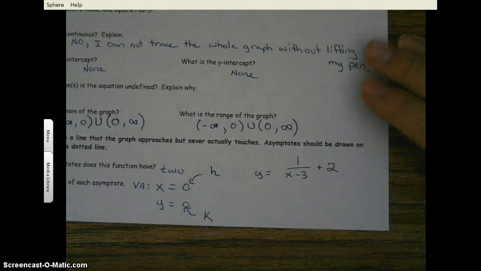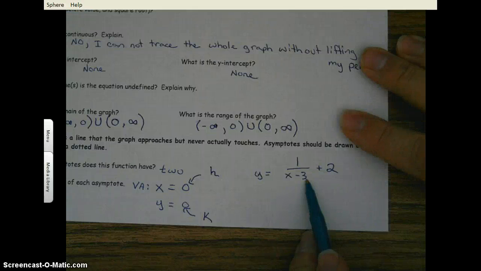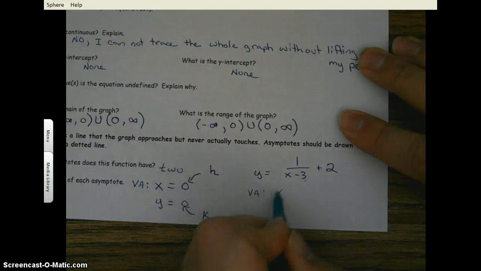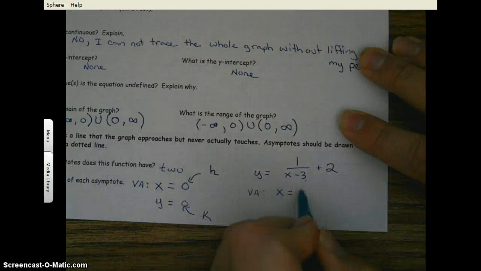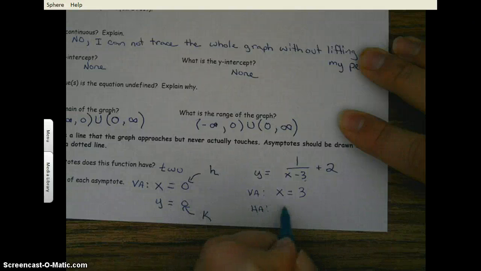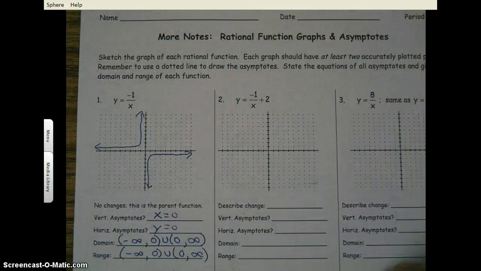Well, let's look at this example. What's our h value? 3. So that means that our vertical asymptote would be x equals 3. Our horizontal asymptote, remember, that aligns with k, and our k value is 2. Alright, turn the page over.